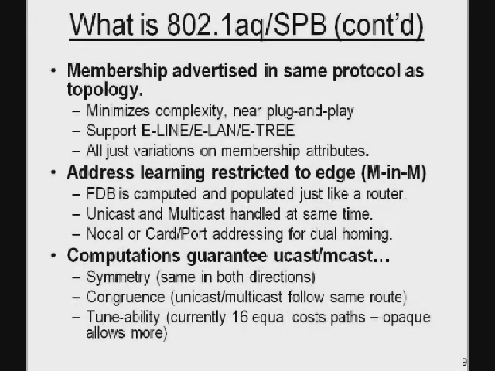If you use the MAC in MAC data path mode, shortest path bridging will restrict the address learning to the edge of the network. That's just the basic behavior of MAC in MAC. In this case, the forwarding database is computed and populated very much the way a router does: a Dijkstra calculation computes the shortest path and populates the forwarding table. The main difference here is that the unicast and multicast are populated at the same time, and we also make guarantees about symmetry and congruence.